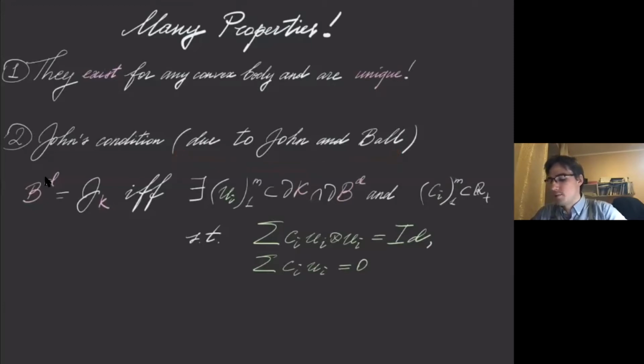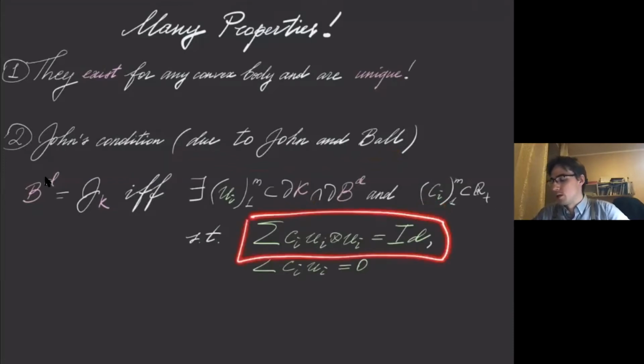It says that the Euclidean unit ball is the John ellipsoid of a body K if and only if there are some contact points on the boundary of K of unit Euclidean norm and some positive weights c_i such that the following algebraic condition holds. This is a classical result.